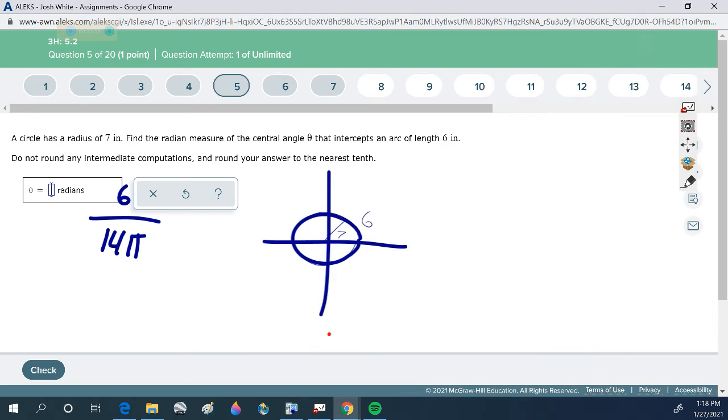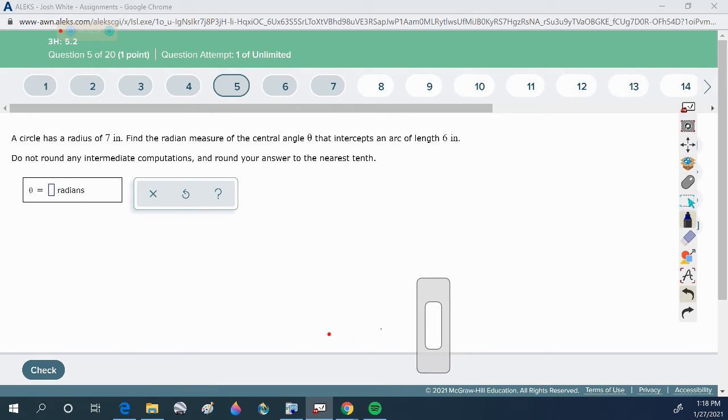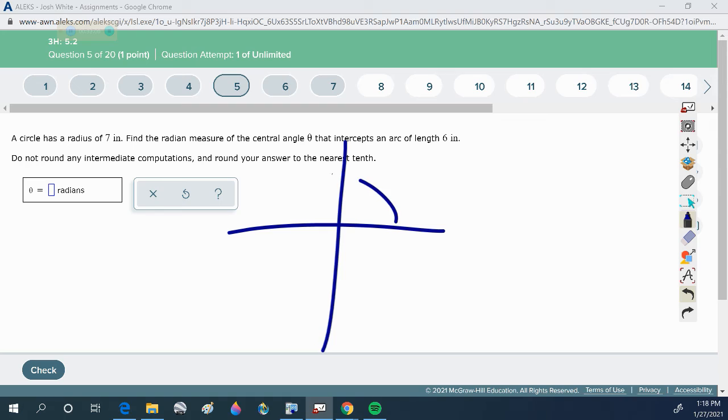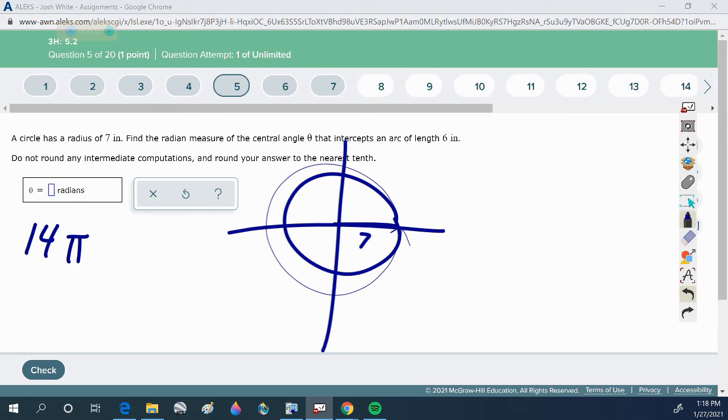Okay. How would we do that in radians? So I draw the same circle. My radius is 7. So how big is the entire circle? 14 pi. Right? How much of the circle did I actually use? 6 out of 14 pi.